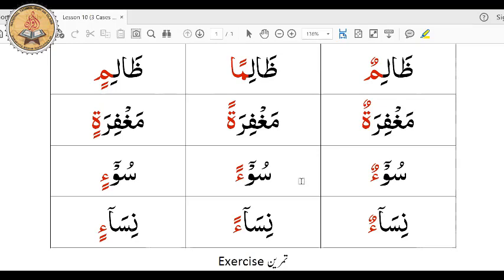After ta marbuta, never ever is alif written in Arabic. And su'an or hamza, alif 99% is not written, but a couple of times it is written, and inshallah ta'ala we will explore that. So su'un and su'an and su'in and nisa'un, nisa'an and nisa'in.